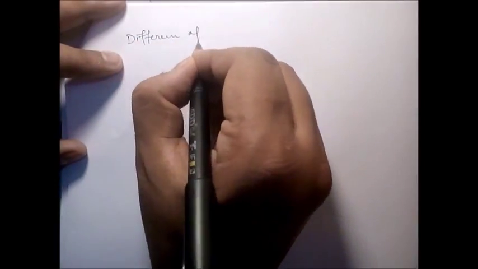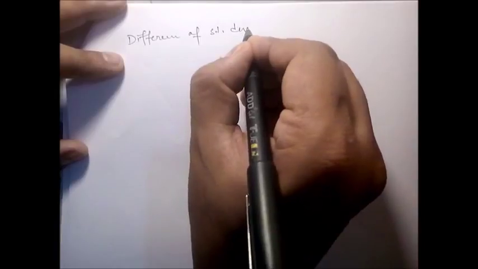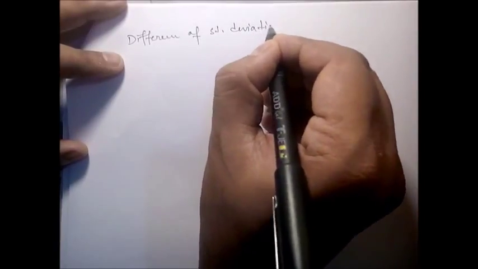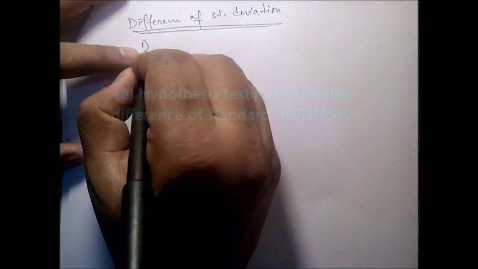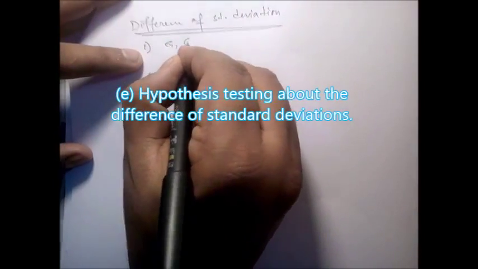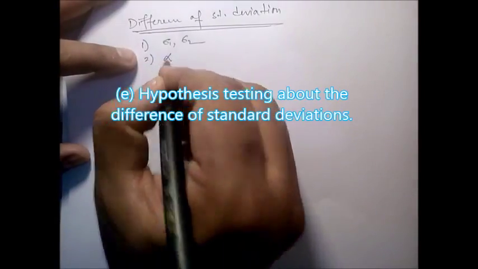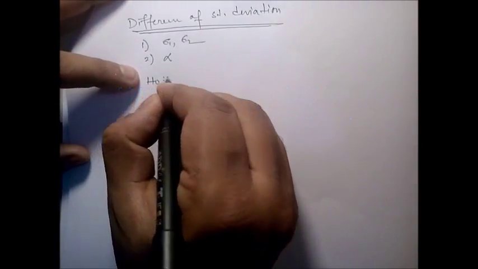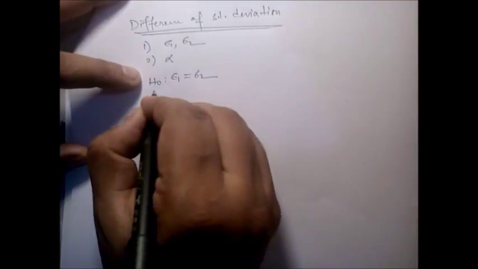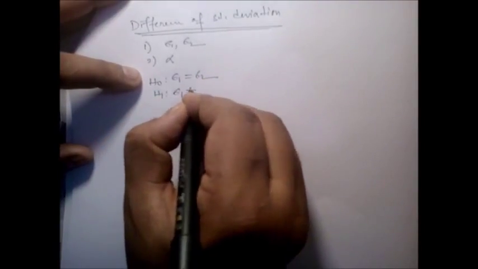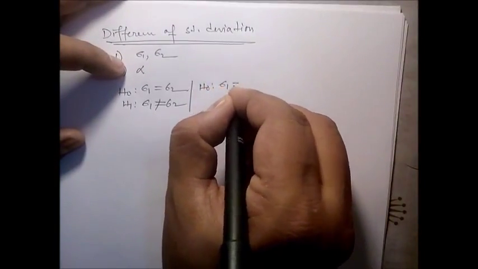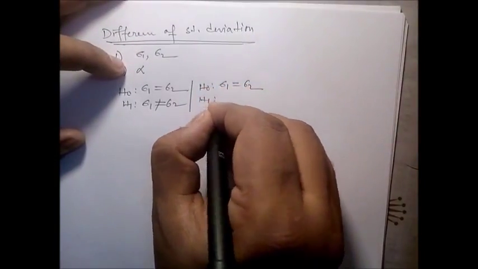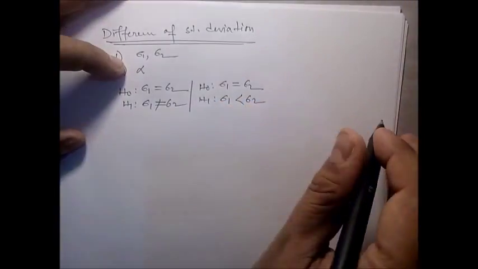Now, hypothesis testing of difference of standard deviation. Okay, now population standard deviations sigma 1, sigma 2, level of significance alpha. For two-tailed test, H0 sigma 1 is equal to sigma 2, H1 sigma 1 is not equal to sigma 2. For left-tailed test, H0 sigma 1 is equal to sigma 2, H1 sigma 1 is less than sigma 2.